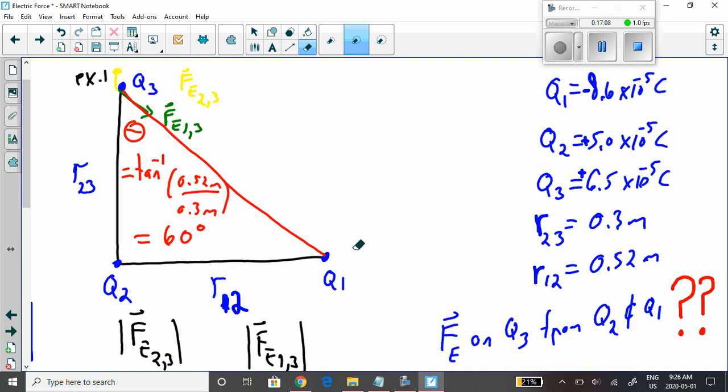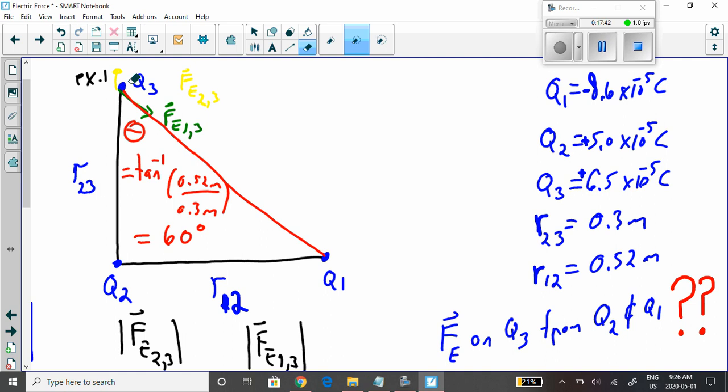We would like to find the electric force on charge Q3 that is being caused by the presence of charge Q2 and charge Q1. So that's kind of important to realize now: an electric force on an object can be caused not just by the presence of another electrically charged particle or object, but by more than one.